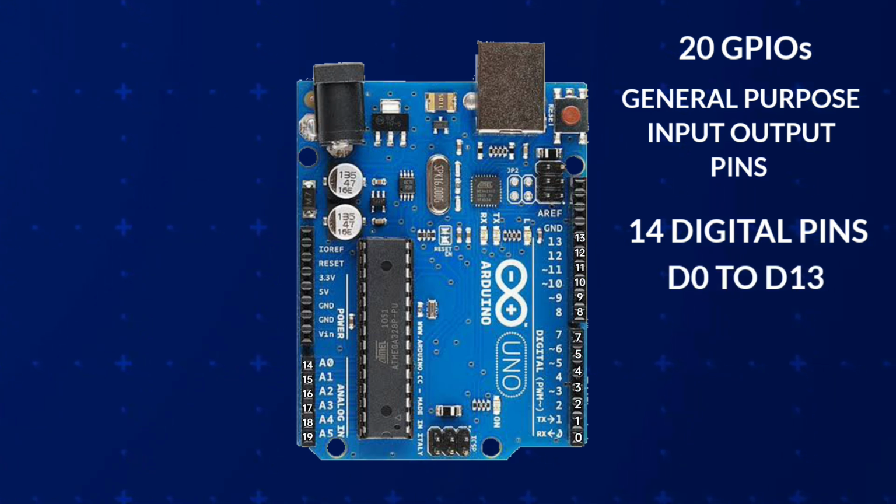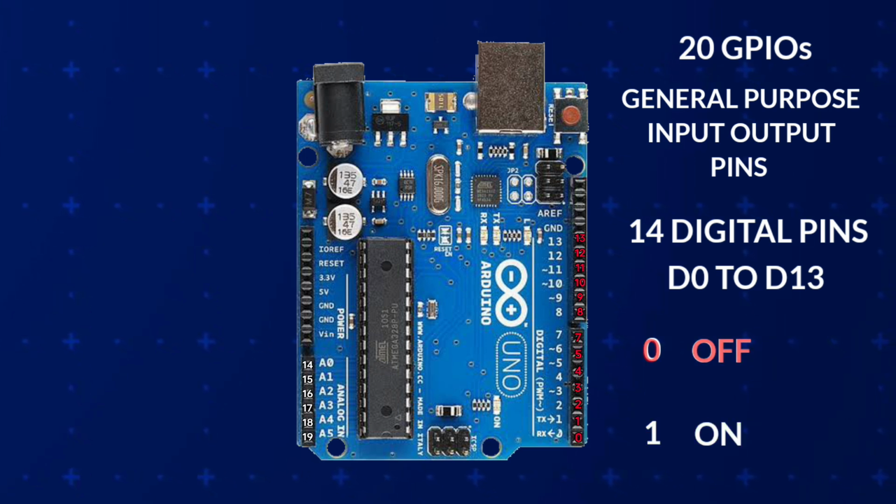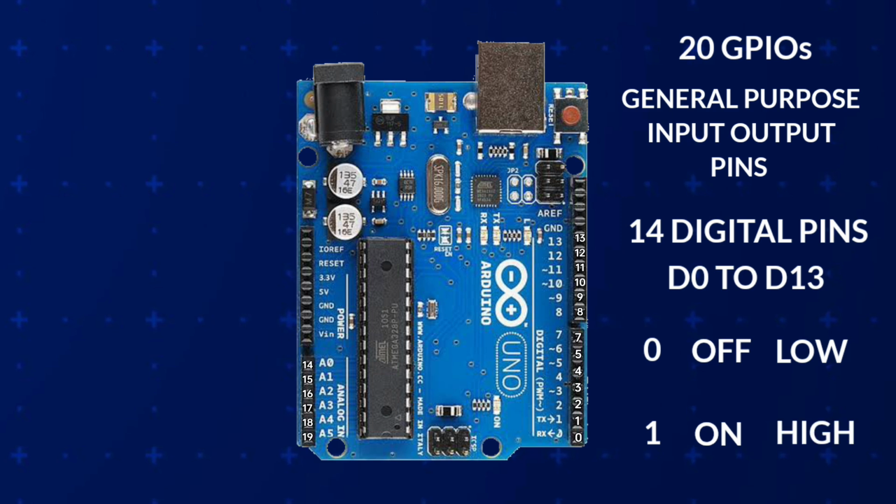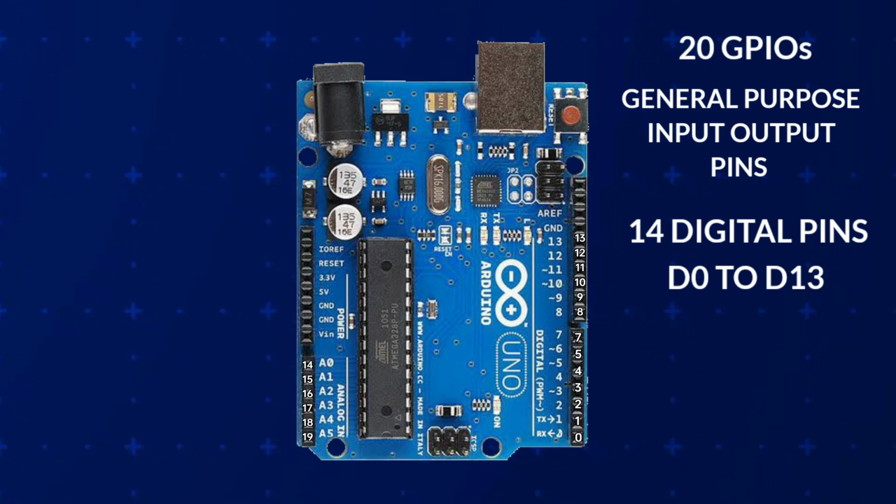In digital we know digital means 0 or 1, which is similar to off or on. These pins can turn on or off the connected device with our Arduino UNO board using programming. There are two parameters in programming: LOW for 0 and HIGH for 1. Likewise, in programming we can use 0, 1 instead of LOW or HIGH.